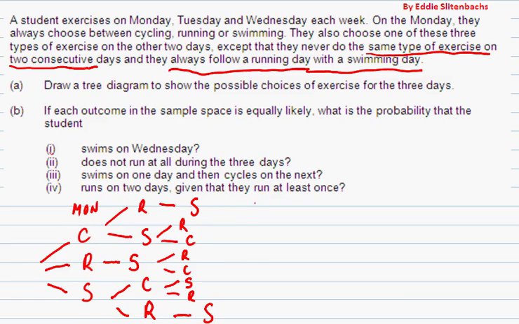So our choices are going to become CRS. So I'm following down the trees. CRS could be one of the options. CSR, cycling, swimming and running. CSC, cycling, swimming, and then cycling.